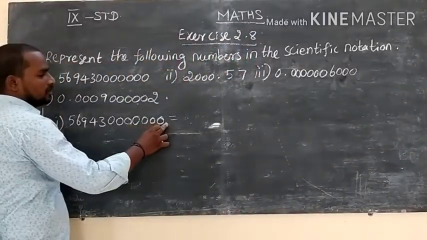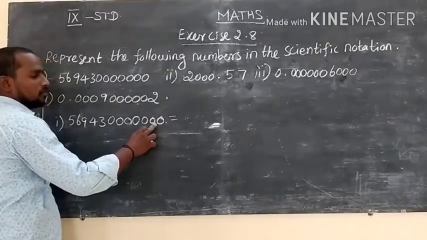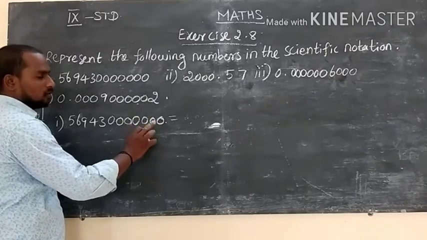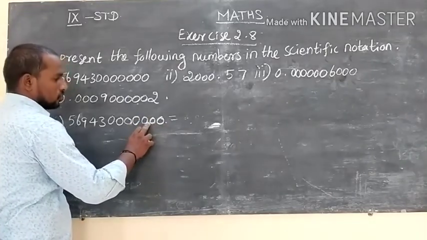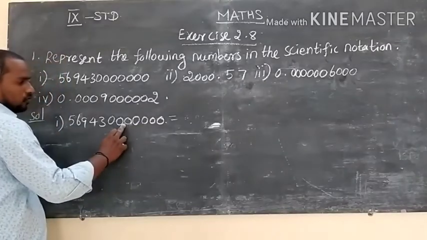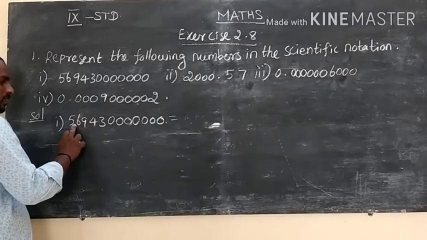So here is the decimal. Shifting leftward gives positive exponents, don't forget. Counting the shifts: 1, 2, 3, 4, 5, 6, 7, 8, 9, 10, 11.